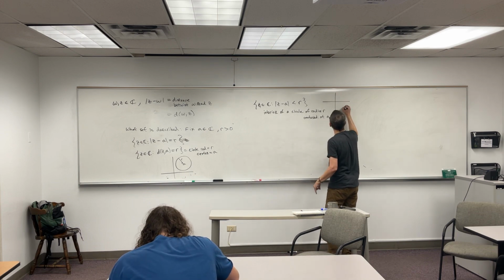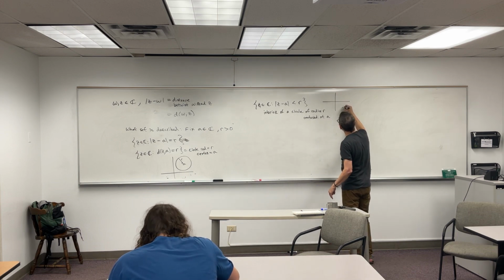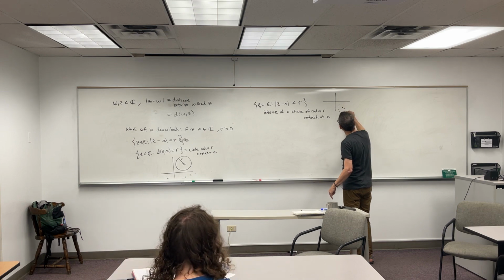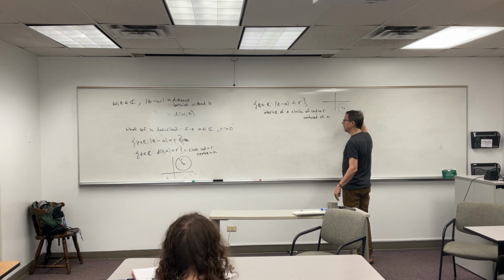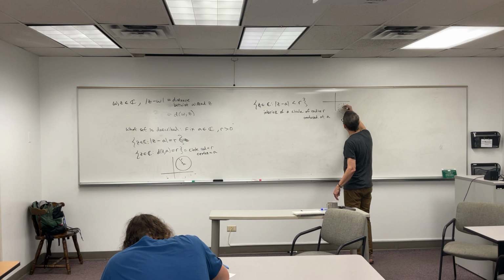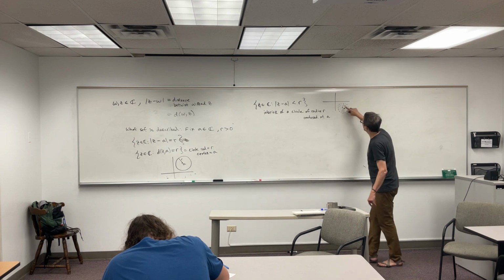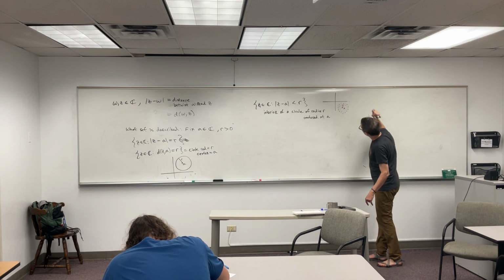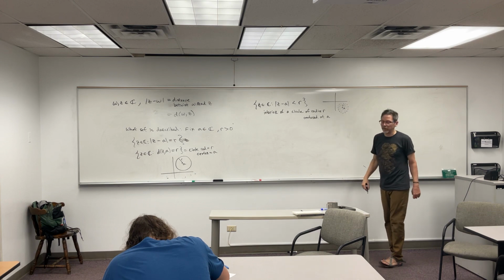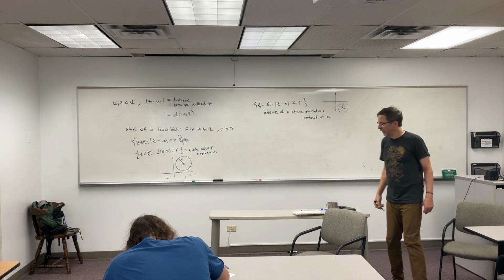Here's how you would draw this: I would put A, figure out roughly whatever R is, put dotted lines around it, and then shade in inside there, whatever it takes to indicate that. Just the stuff inside.